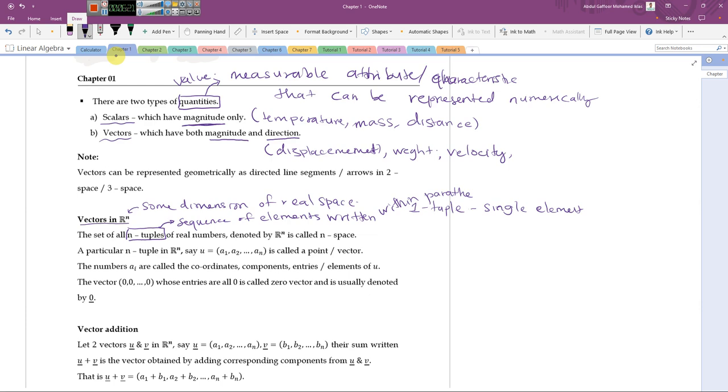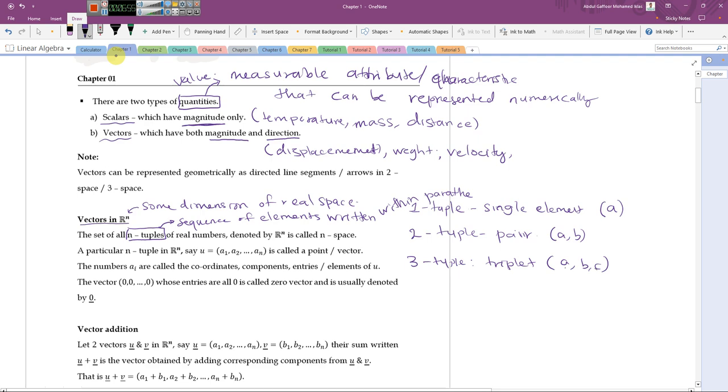If we have a one tuple, then we have only one element, so I can write it this way, A. If I have a two tuple, it is called an ordered pair, so I can write A comma B, within parentheses. If we have a three tuple, it is called a triplet, and it can be written as A comma B comma C. A, B, C are called elements.